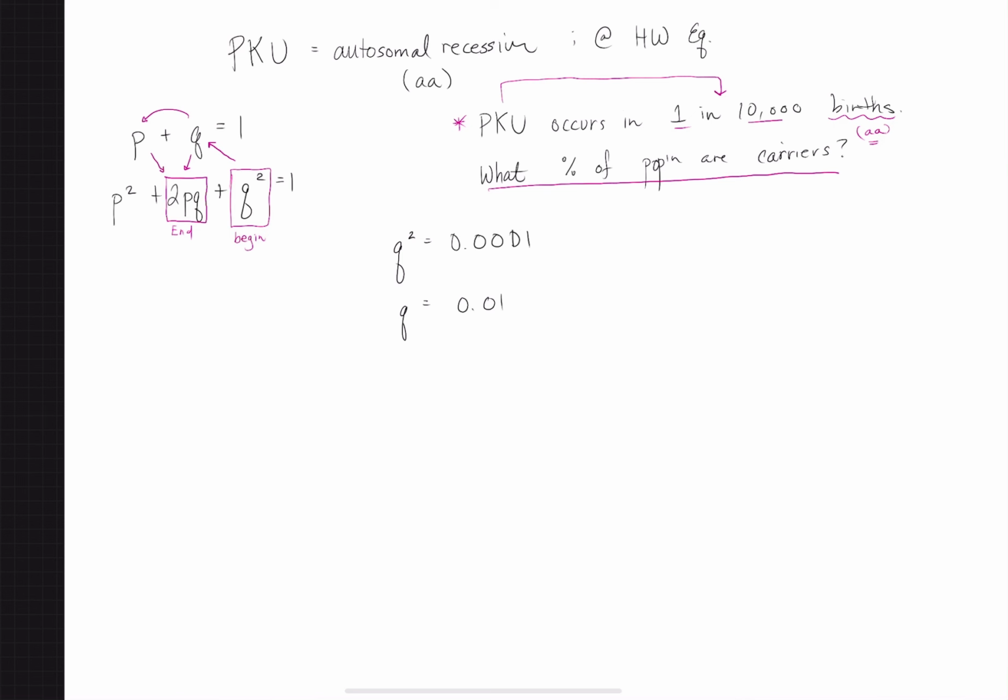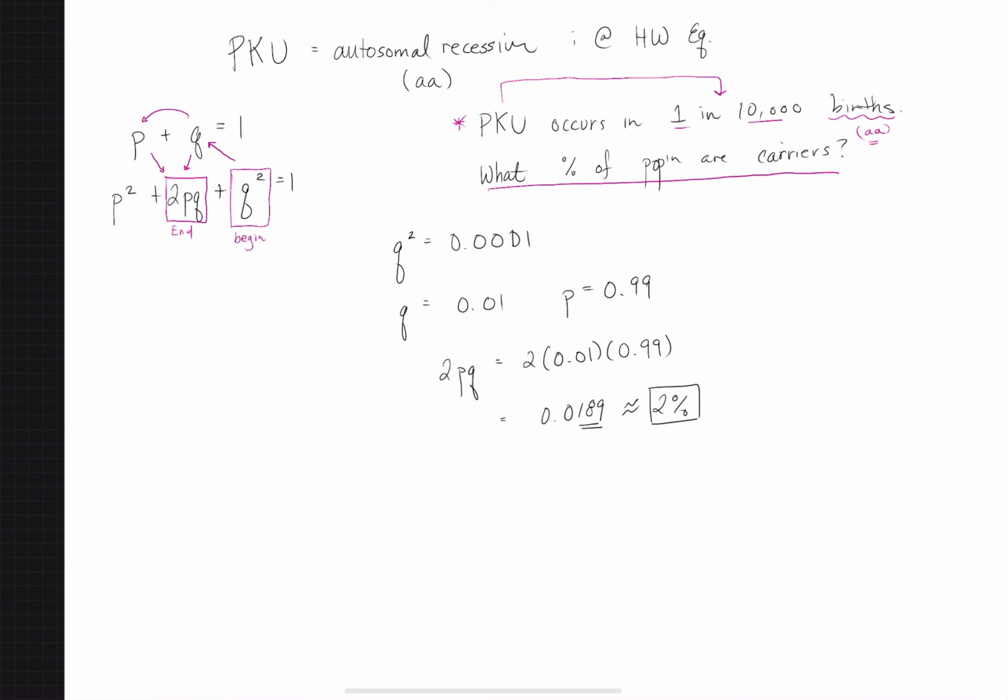So you just take the root of q squared and you get q, which means that p is 0.99. 2pq is going to be 2 times 0.01 times 0.99, which I believe is somewhere around 0.0189 or something like that. This math might be wrong, I'm just doing this off the top of my head, but let's just say it's roughly 2%, and that would be your answer. So 1.89%, 1.9%, 2%, however you want to do this, that's going to be your answer.